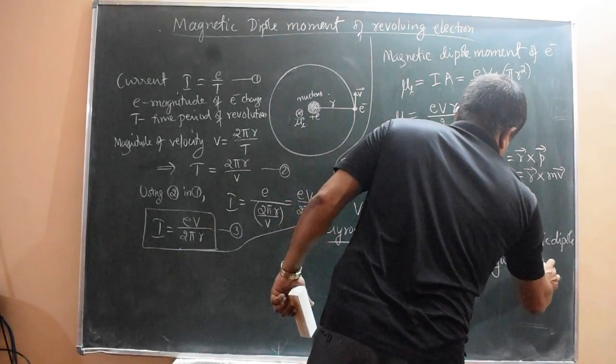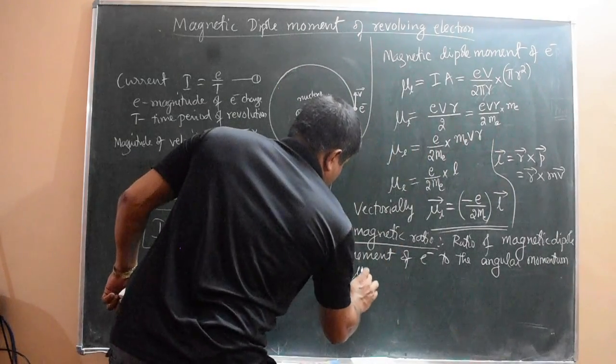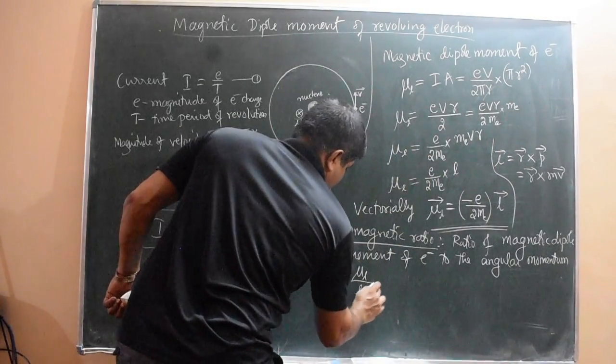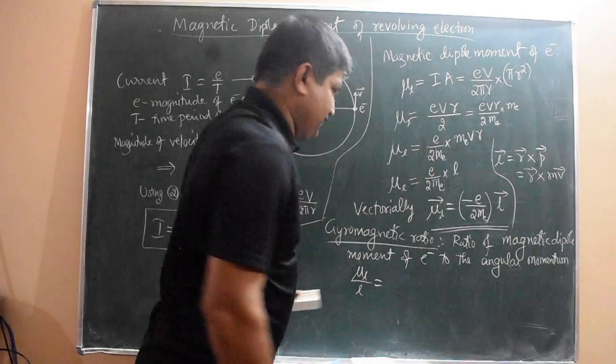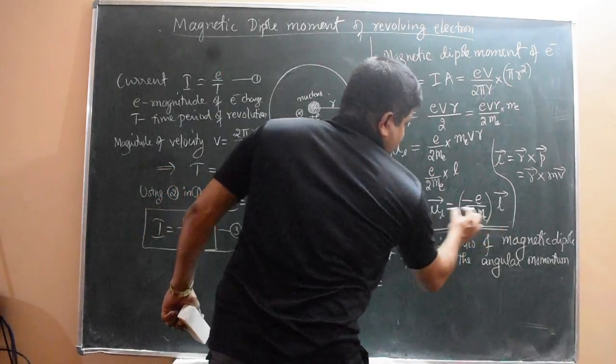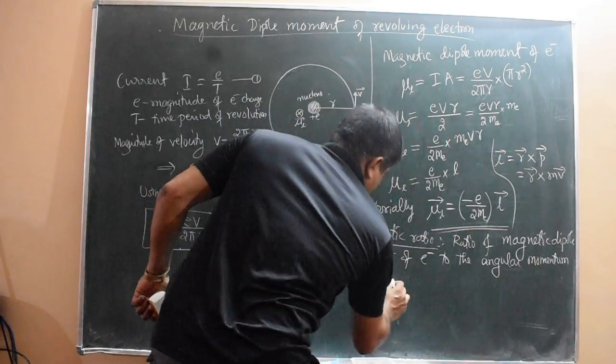That is mu L by L, the magnitude of dipole moment divided by the magnitude of angular momentum. If you bring this L to the LHS, it equals e by 2me.